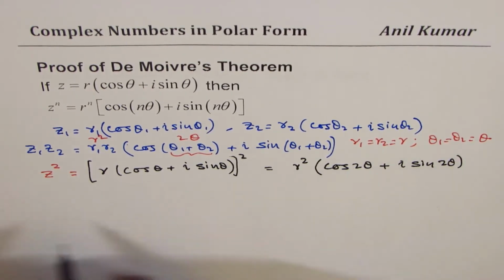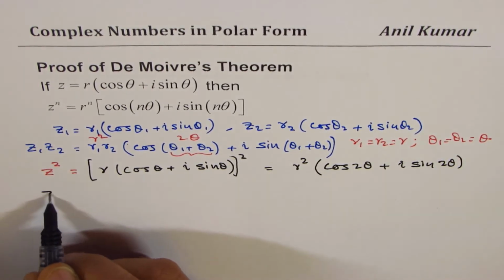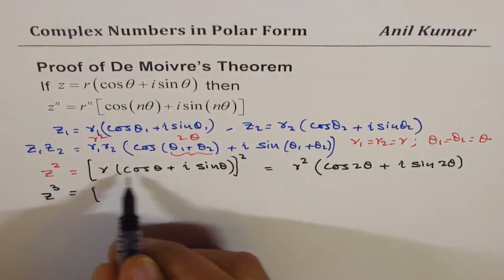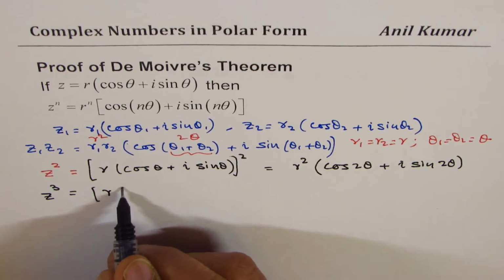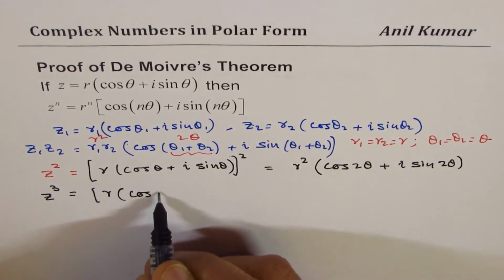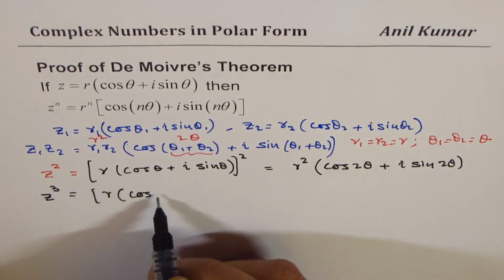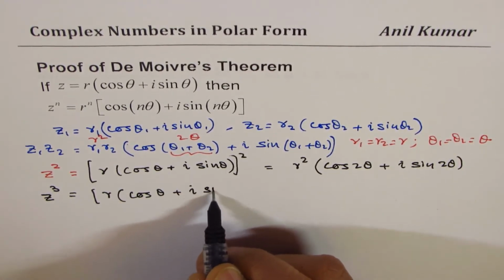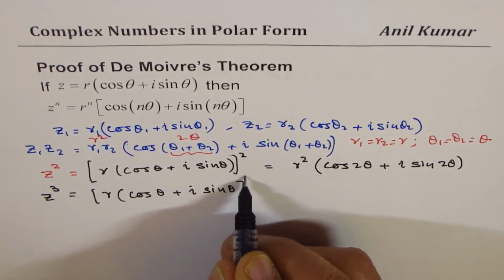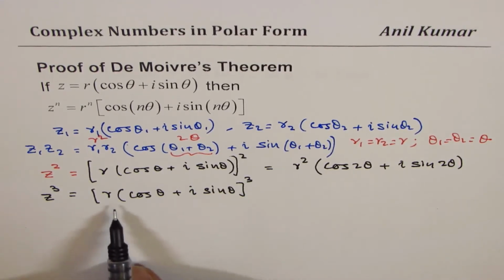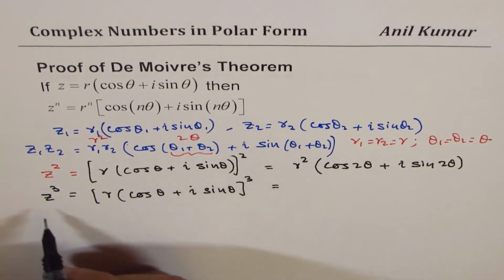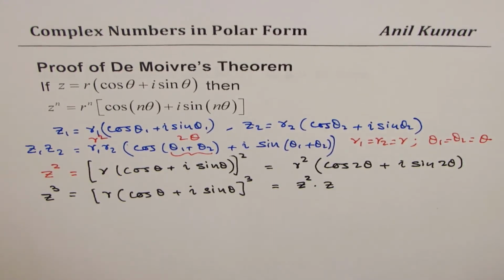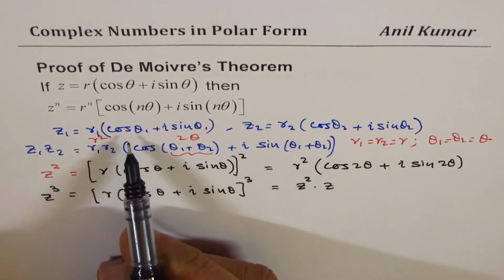So basically, sum of angles. Now if I do z cubed, what happens? Let's continue with this pattern: r times cos theta plus i sine theta, whole cubed. So cube you could also consider as z squared times z, correct? And then apply this formula.